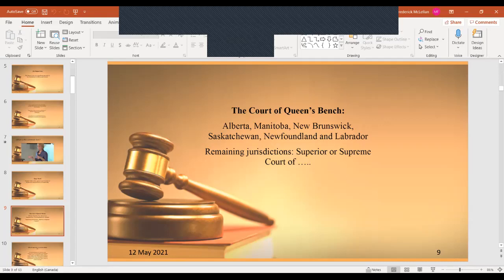Prince Charles. Exactly. All right. So Prince Charles will become king when his mother, Queen Elizabeth II, passes away. The very moment that happens, because he basically becomes king the exact same moment his mother passes, he becomes king. And the courts of Queen's Bench in Canada, which are these provinces on the screen here, will immediately become the Court of King's Bench.